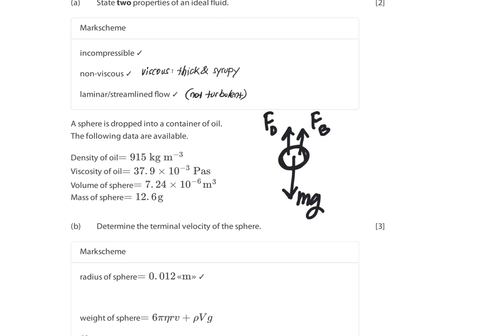We have the weight pulling down on the sphere, and of course there's the buoyant force of the oil. When you have terminal velocity, there's no more acceleration, so the net force is also zero.